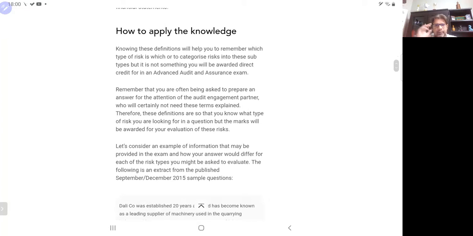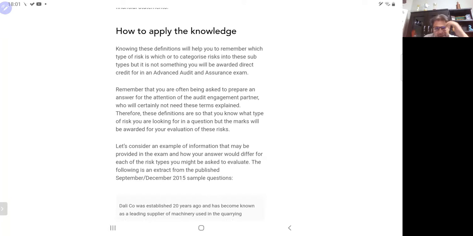Now the main thing we have to look at is how to apply the knowledge. See, the examiner himself is saying that knowing these definitions won't help you, and you do not need to tell them which type of risk or which category it falls in. He already knows it.